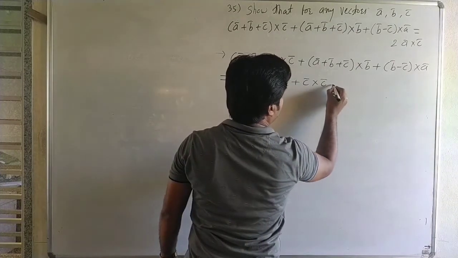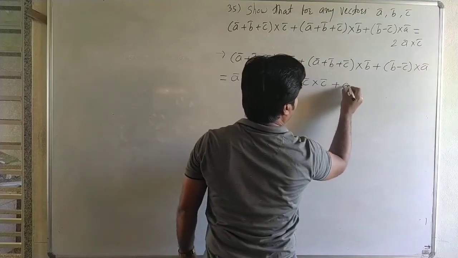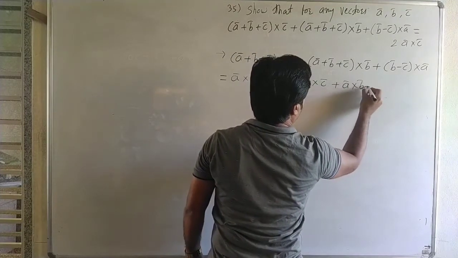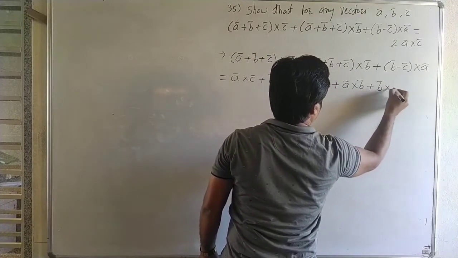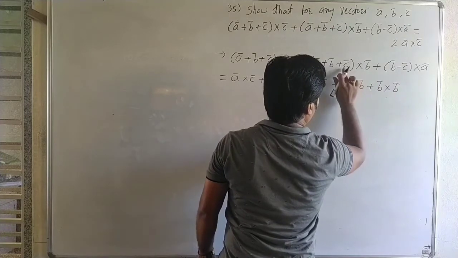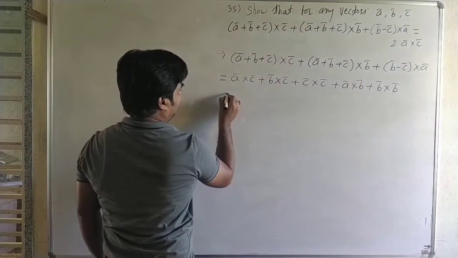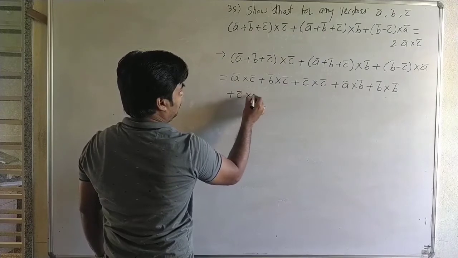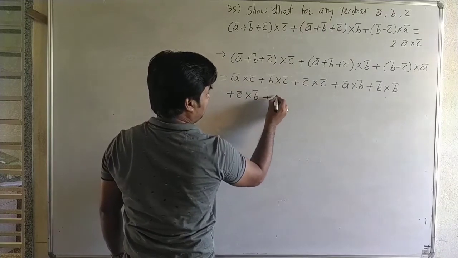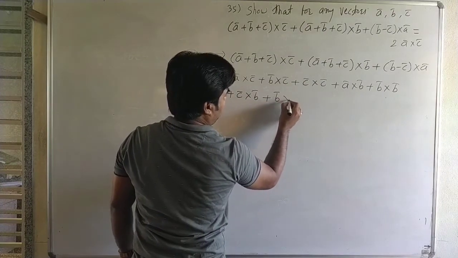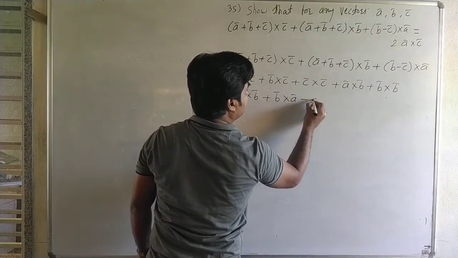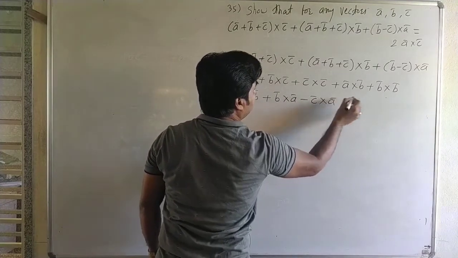Then plus A bar cross B bar plus B bar cross B bar. Now plus C bar cross B bar plus C bar cross B bar plus B bar cross A bar and minus C bar cross A bar.